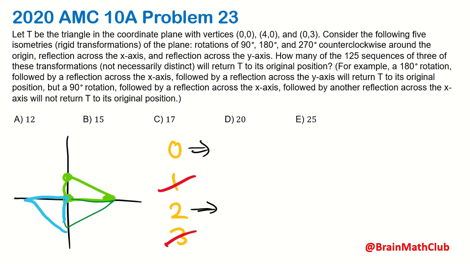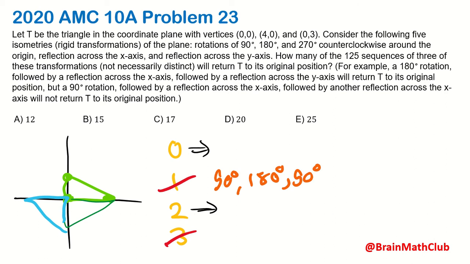So let's say 0 reflections. What does this mean? That means that we need an identity rotation. And what is that? Once again, it's just a multiple of 360-degree rotation. One more thing we first have to clear: let's say I do a 90-degree rotation, a 180-degree rotation, and a 90-degree rotation.